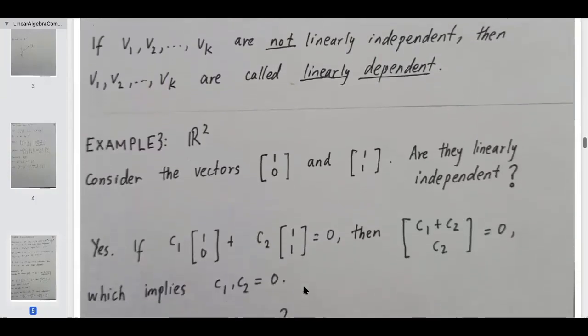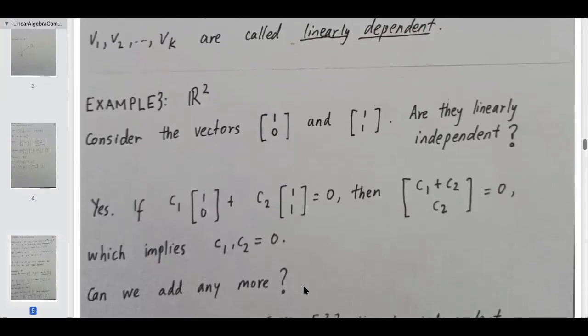So let's look at an example again, in R2. Consider the vectors 1 0 and 1 1. Are they linearly independent? Yes, they are. So how do we show that?